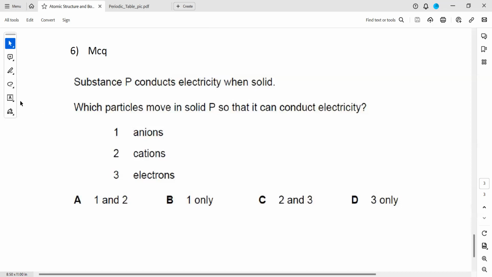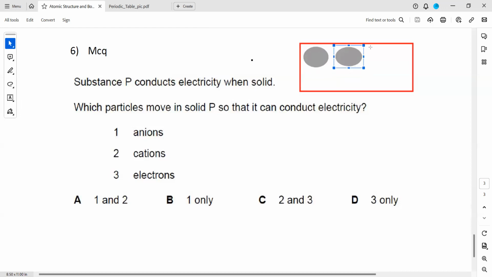When we draw the structure of a metal, these are the cations, the positive ions.